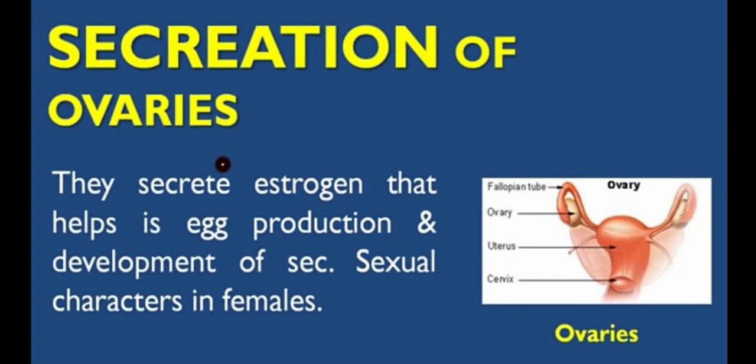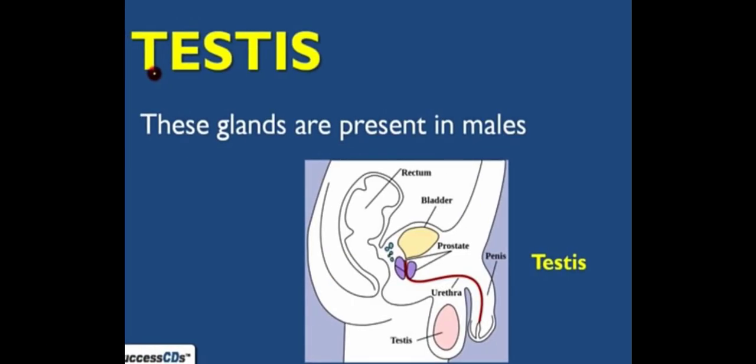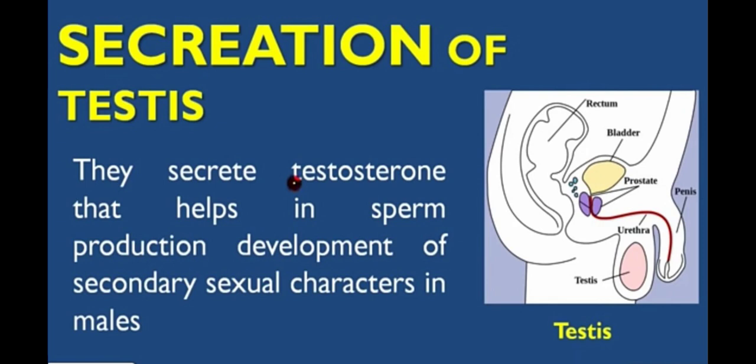They secrete hormone estrogen. This hormone helps in egg production and development of secondary sexual characters in females. Testes are the glands which are present in males, and they secrete hormone testosterone that helps in sperm production and development of secondary sexual characters in males.